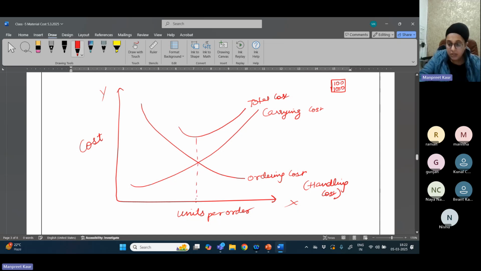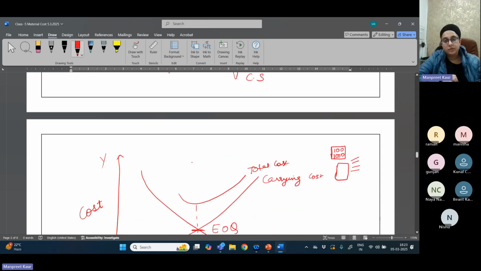The intersection point is where we have to go beyond 1000, we need a big warehouse, more rent, more inspection, more persons involved, more wastage. As orders increase, carrying cost also keeps increasing. This is the intersection point, and this intersection point is the EOQ, where ordering cost is equal to the carrying cost.